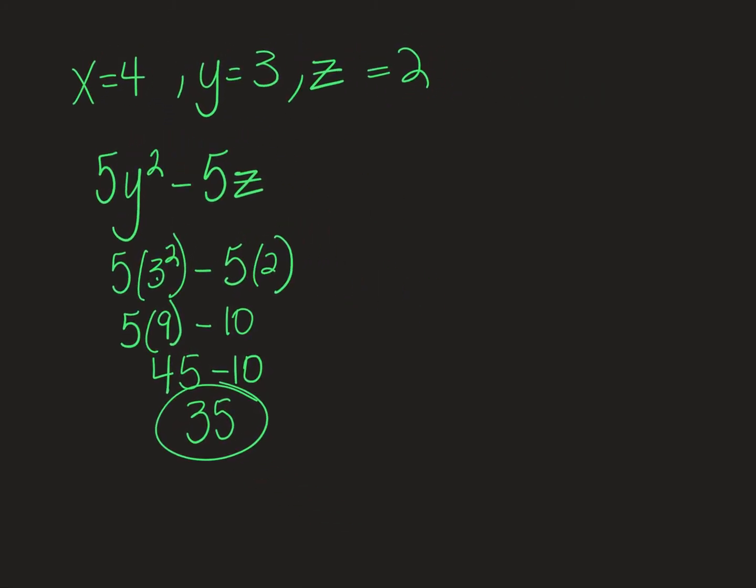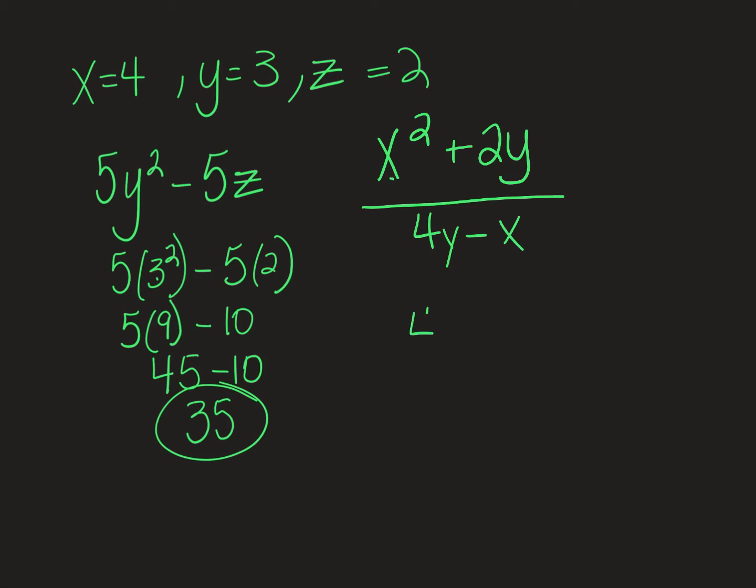All right, we're going to do another one. This time, let's say we have x squared plus 2y over 4y minus x. All right, so I'm going to do my substitution.